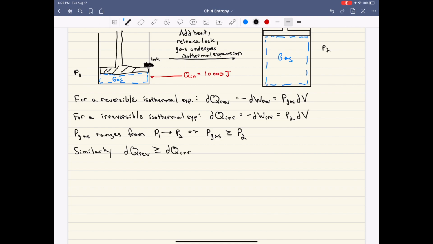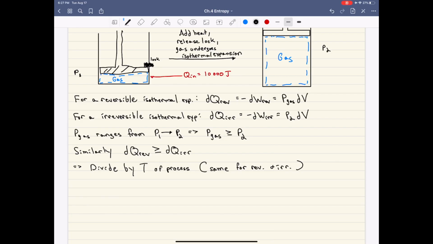So that's the relationship between the two dq's that we get from the energy balances. What we're going to do next is divide both sides by the temperature of the process. And in our case, for this isothermal expansion, it's the same for the reversible case and irreversible case.